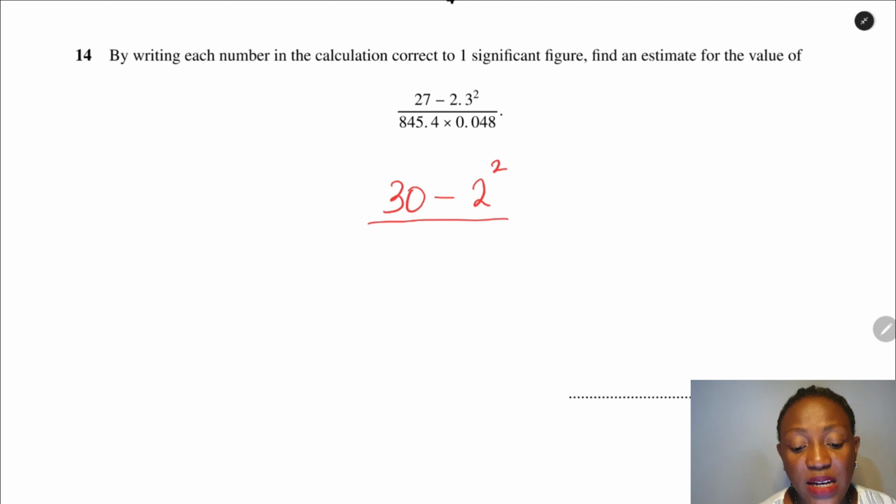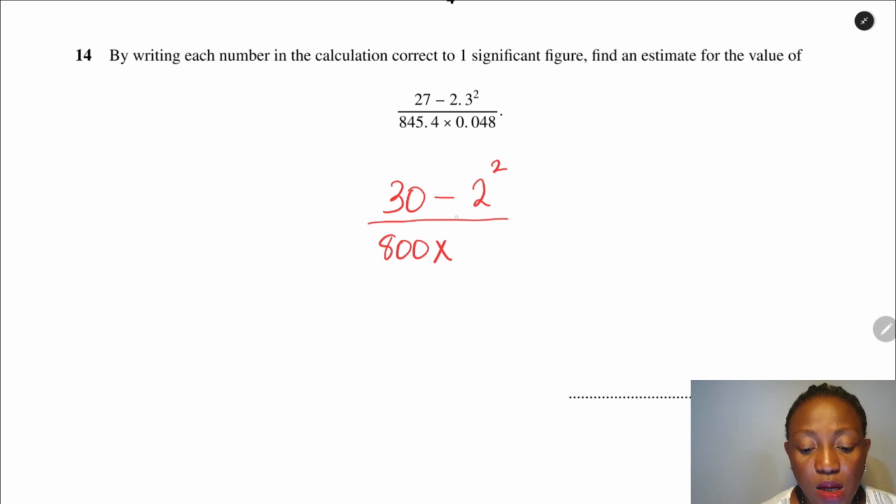All right, divided by 845.4 to one significant figure is going to be 800, times this to one significant figure is going to be 0.05. All right, so we're going to be having 30 minus 2 raised to power 4, 2 raised to power 2, which is 4.